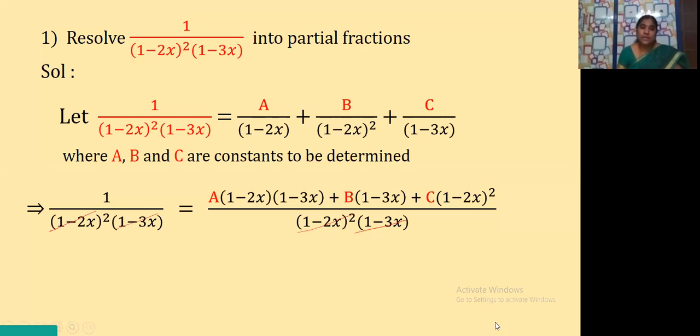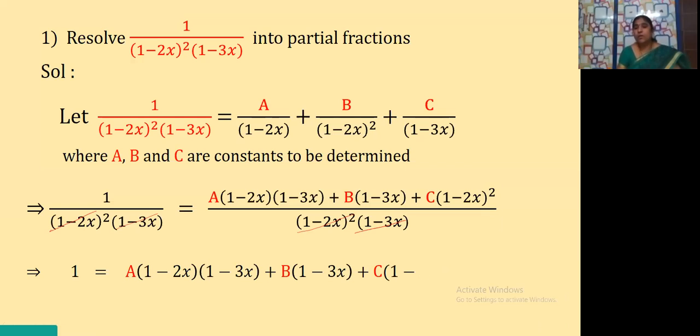After cancellation, the terms left are 1 is equal to A into (1 minus 2x) into (1 minus 3x), plus B into (1 minus 3x), plus C into (1 minus 2x) whole square. This is the equation that is left, and we take it as equation number 1.